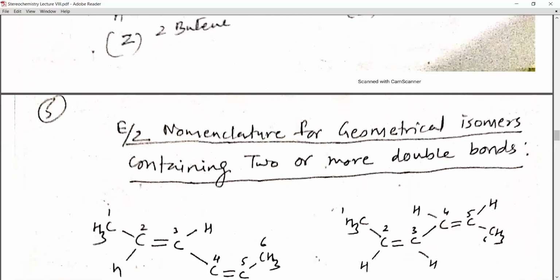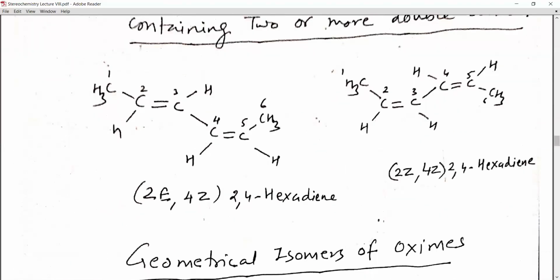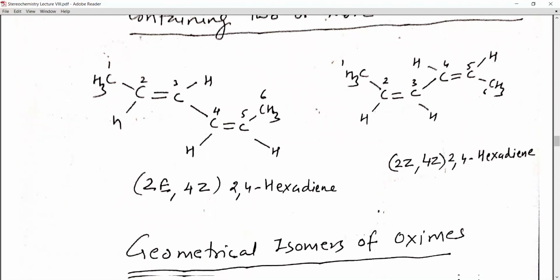EZ nomenclature for geometrical isomers can be given to molecules with two or more double bonds. In this molecule, 2,4-hexadiene, on C2 carbon, see here, the higher priority group is methyl, and on C3 carbon, the higher priority group is this complete group.